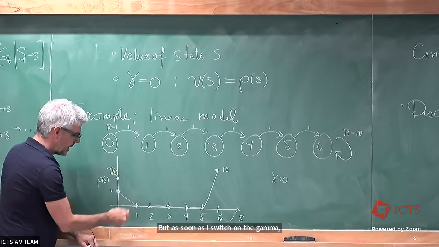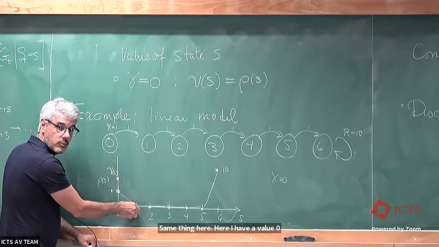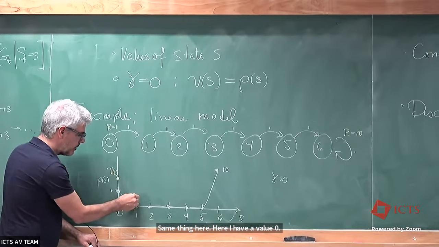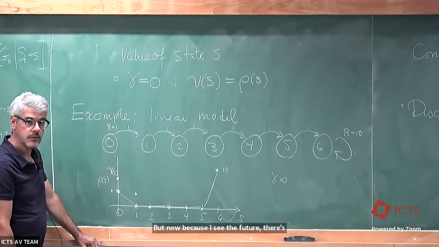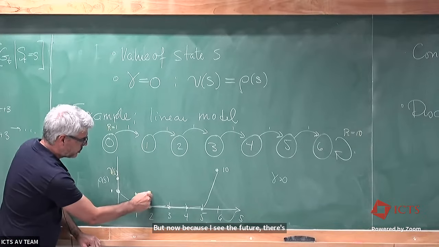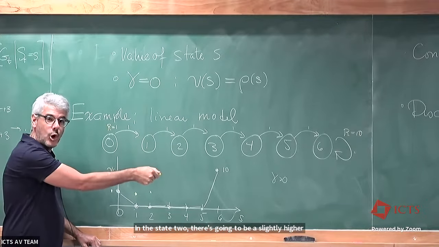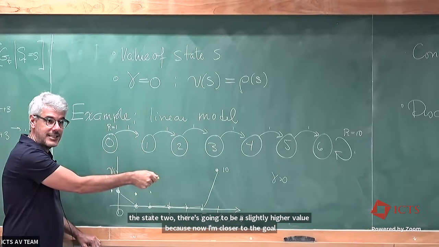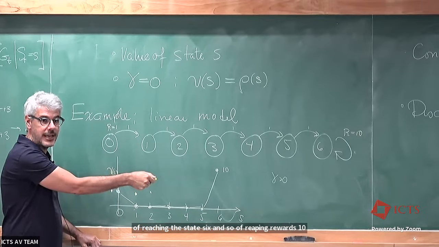Okay? Same thing here. Here I have a value 0 of immediate reward when I go out of this state. But now because I see the future, there's going to be a value here. In the state 2, there's going to be a slightly higher value because now I'm closer to the goal of reaching the state 6, and so of reaping rewards 10 at each time I'll be staying in 6.